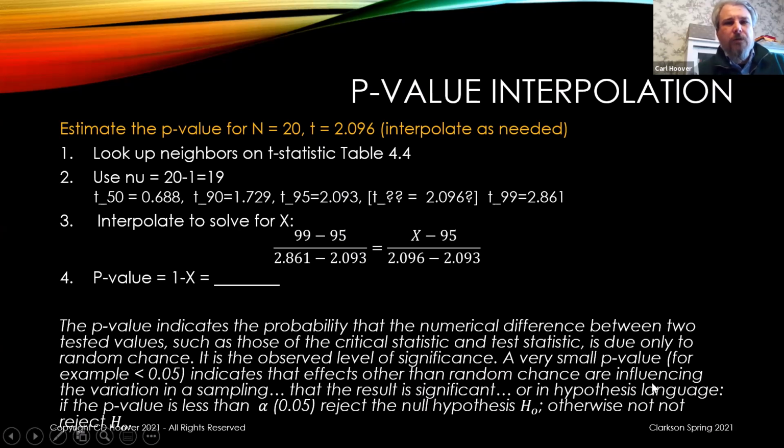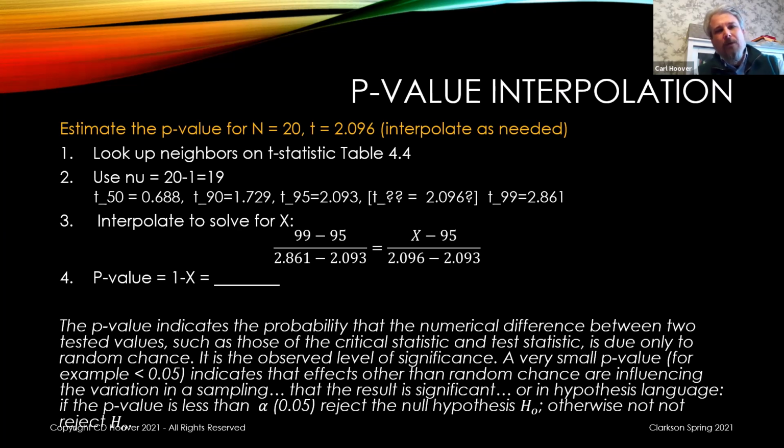Okay, the very last question is just a p-value interpolation question. Given a number of samples of 20 and a known t statistic of 2.096, what's the p-value for this particular experiment? It starts with looking up the t-value table 4.4 for 19 degrees of freedom, since 20 minus 1 is 19.